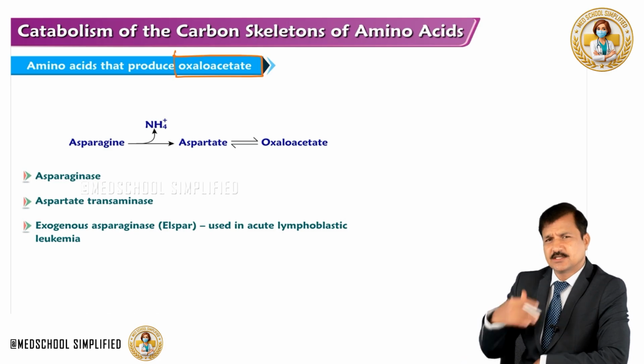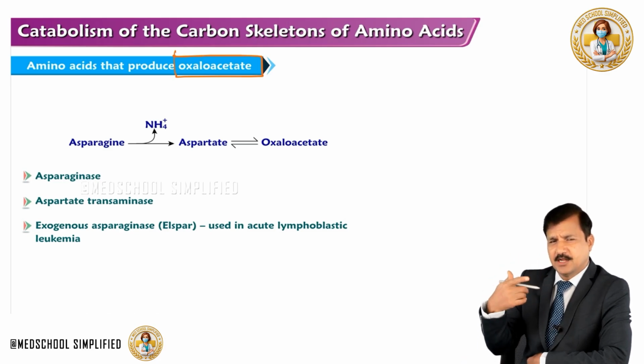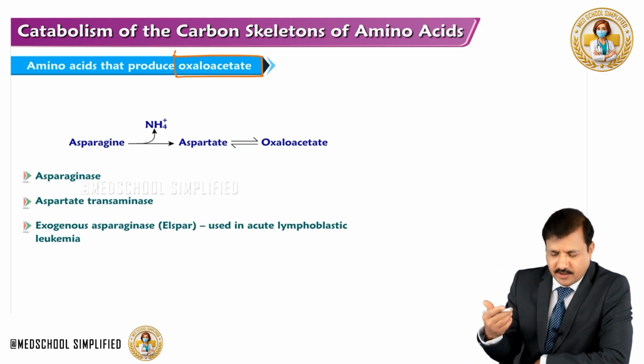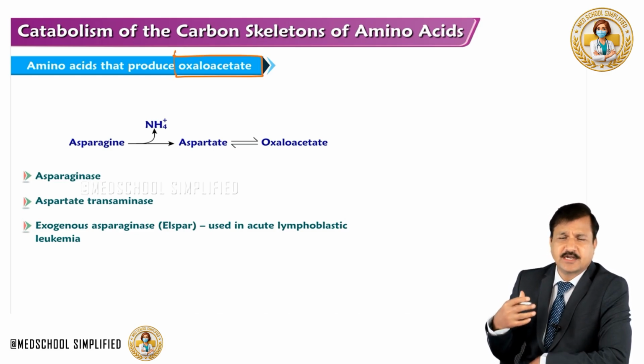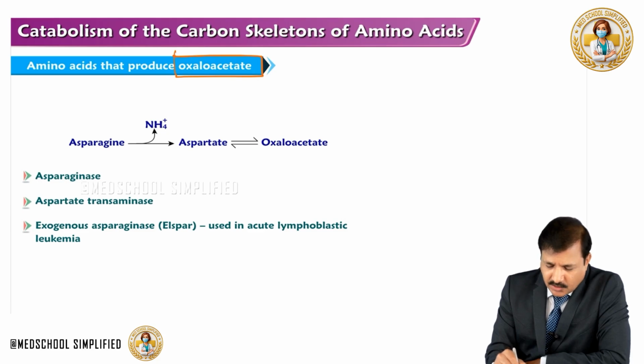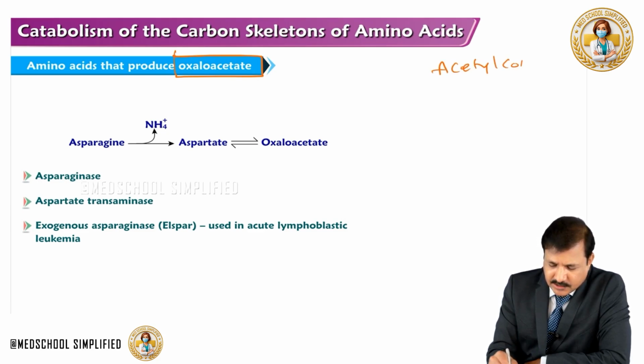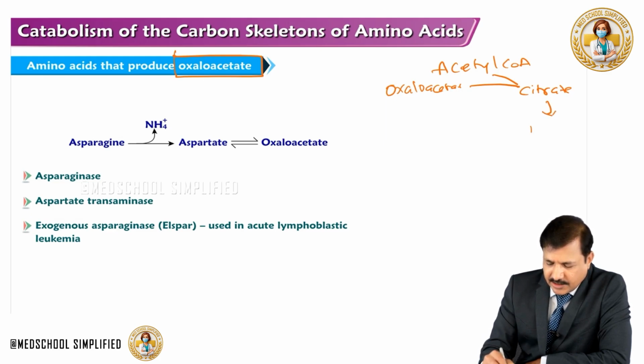You know the TCA cycle. Just to recap the TCA cycle intermediates, for the benefit of this lecture, we have acetyl-CoA getting into the TCA cycle, combining with oxaloacetate to make citrate, and citrate will make isocitrate.